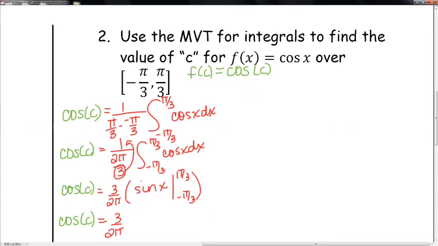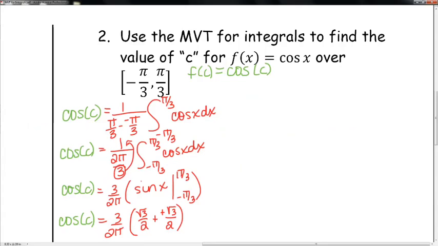Sine of pi over 3, which is sine of 60 degrees, is root 3 over 2, minus sine of negative pi over 3, which is sine of negative 60 degrees, which is in quadrant 4, a negative y value, so it will be negative root 3 over 2.